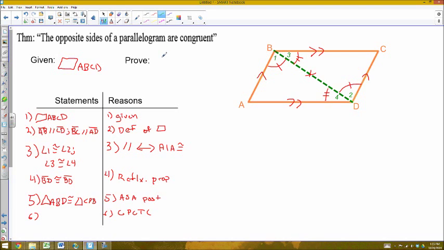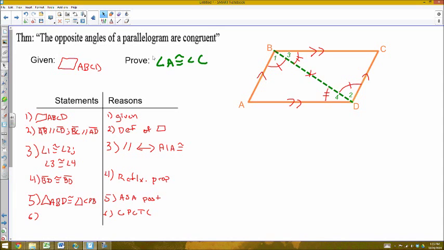Only now I'm proving that angle A is congruent to angle C. And rather than proving the opposite sides, we're proving that the opposite angles of a parallelogram are congruent. Okay. And notice that once you prove triangle ABD and CDB congruent, that angle A and angle C are also corresponding parts. So the proof is basically the same. I'm just going to use a different set of corresponding parts of the triangles.